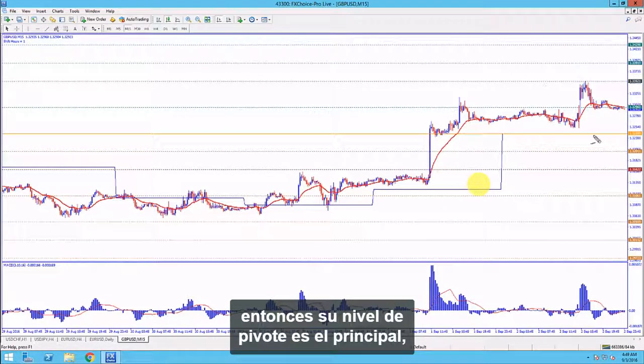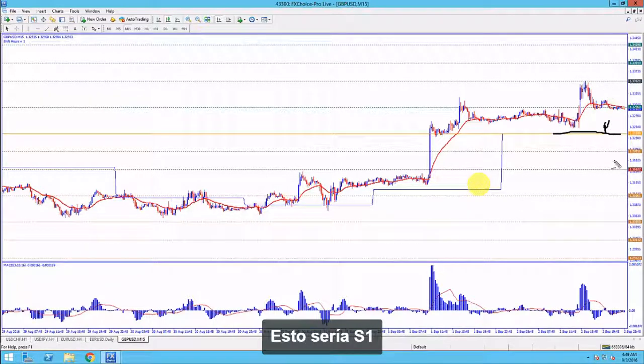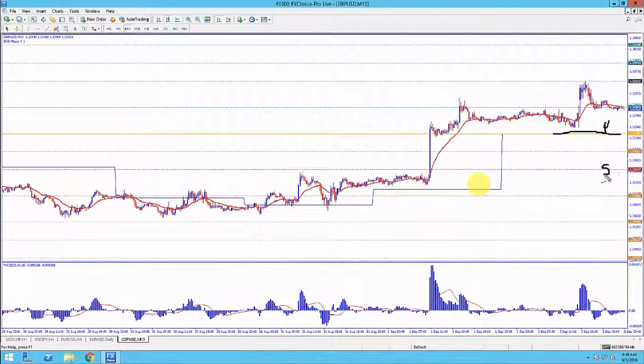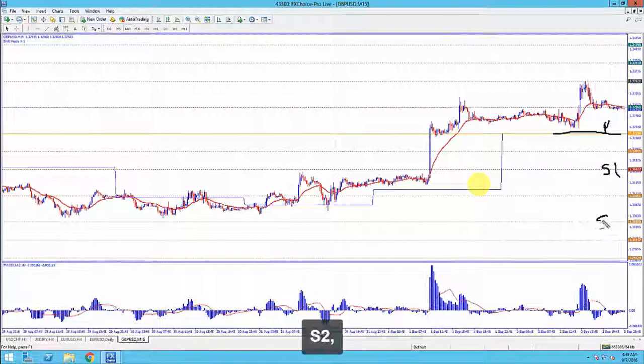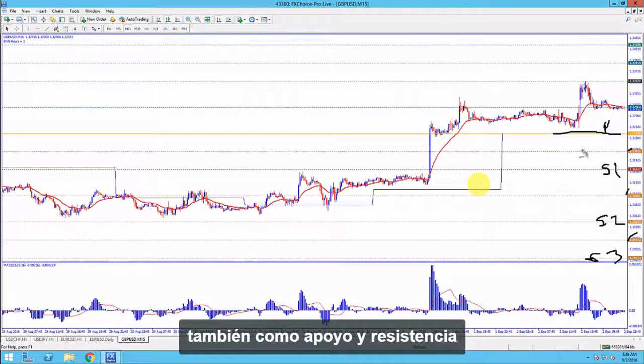So your pivot level is the main one. This is your pivot level. This would be S1, S2, S3.